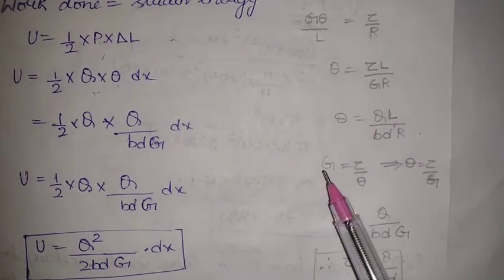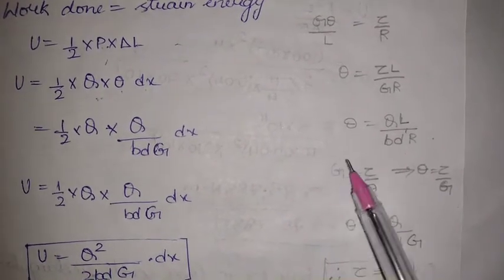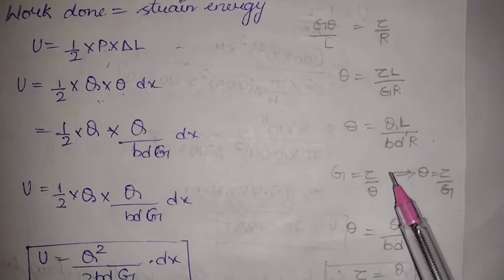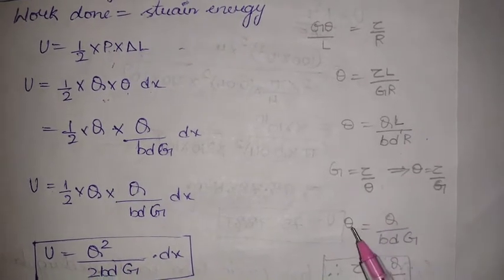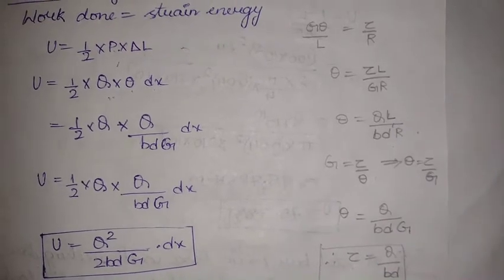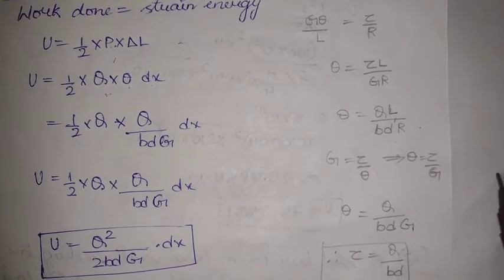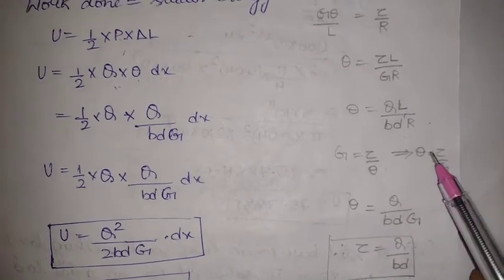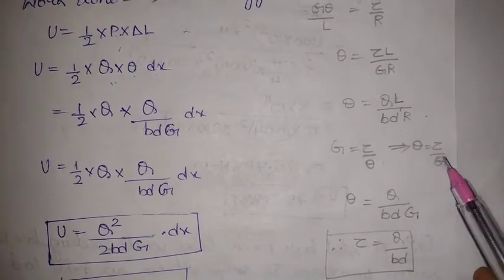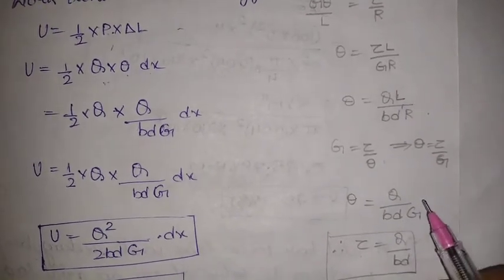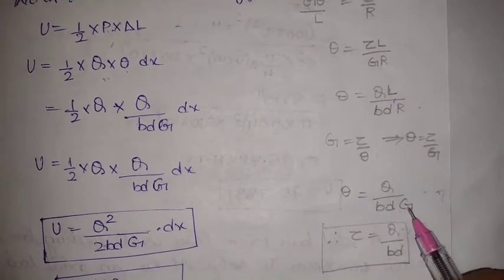We know that the shear modulus, or modulus of rigidity, is shear stress by shear strain. So theta is equal to Q by BDG. Substituted in this, you get tau is equal to G theta, and when multiplying by G, the G would be cancelled.